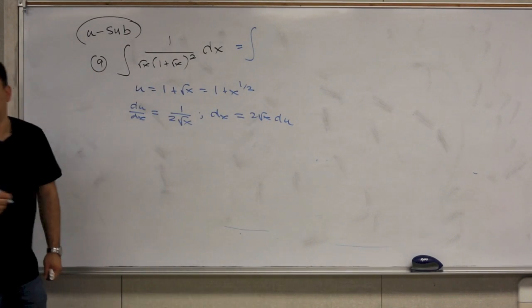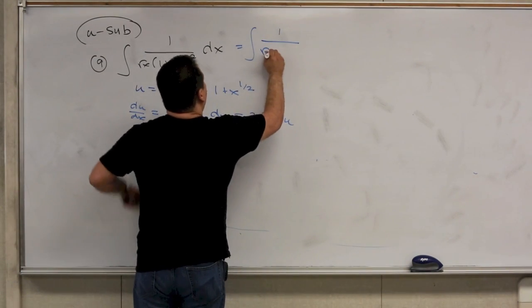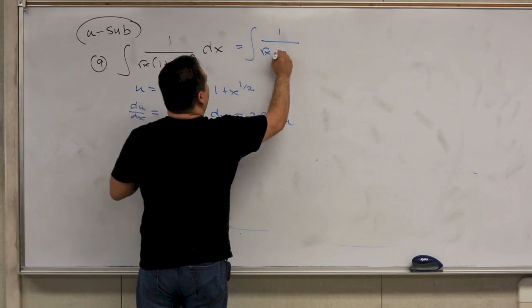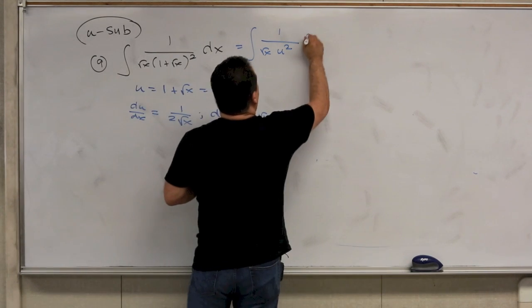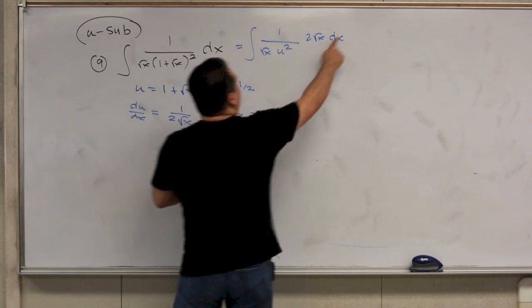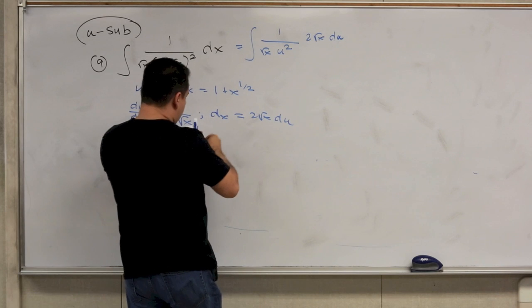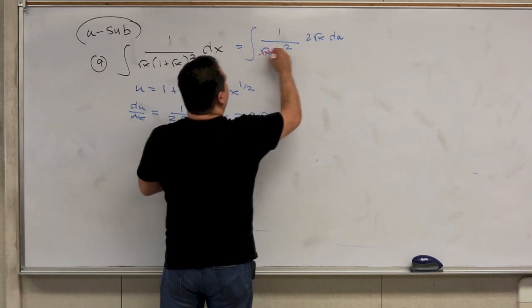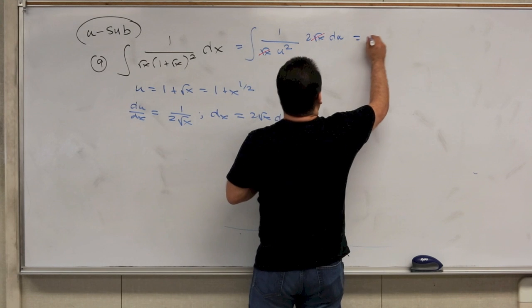Integral 1 over square root of x, and then that's going to be u squared. And what's dx? 2 square root of x du. So your square root of x's cancel, and then you've got 2.